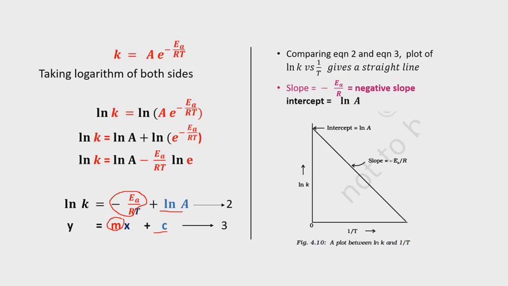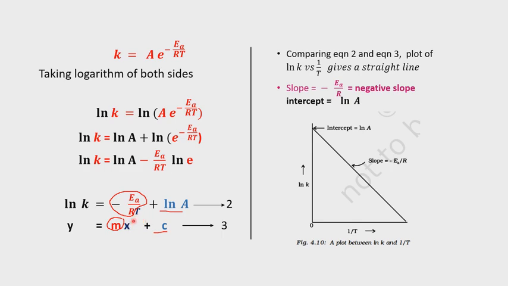Intercept equal to ln A. Next, check the graph. The graph is important, students. Which slope? Negative slope, minus Ea by R. So ln k is taken on the y-axis and 1 by T is taken on the x-axis.